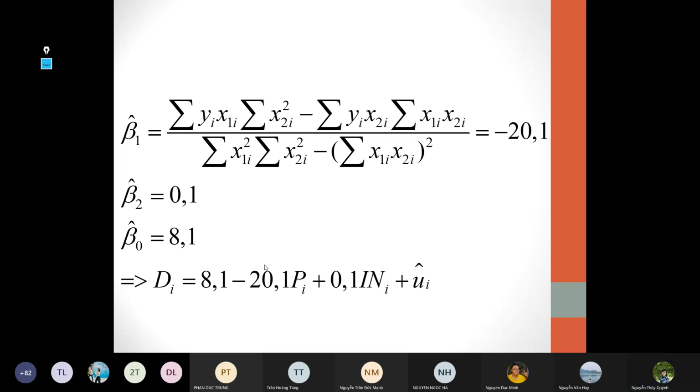Now, what is the value of the slope? What is the estimated value of the slope associated with P?